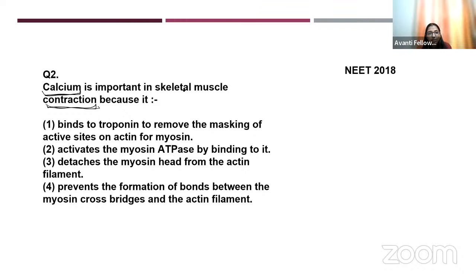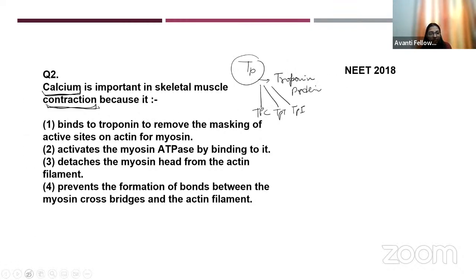They are saying calcium is important in skeletal muscle contraction. Yes, calcium is very important. Remember the troponin protein. This protein is a complex protein. It has 3 units, TnC, TnT, and TnI. TnC is a calcium binding protein.